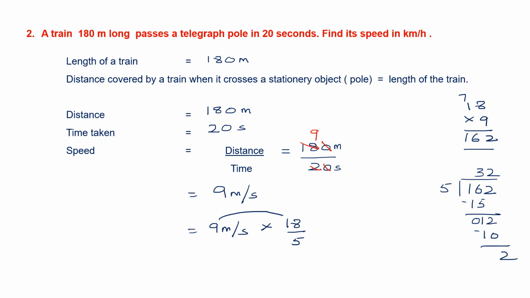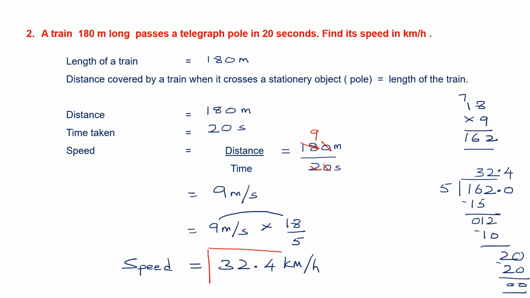I can continue with my division, put a point, carry it up, 0. So this is 5 into 4. 5 4s are 20, minus 0. So here we get 32.4 kilometers per hour. Okay, this is the speed of the train. 32.4 kilometers per hour, our final answer.